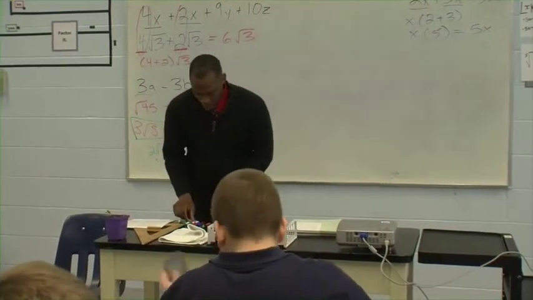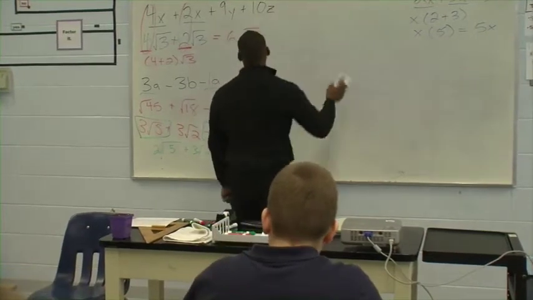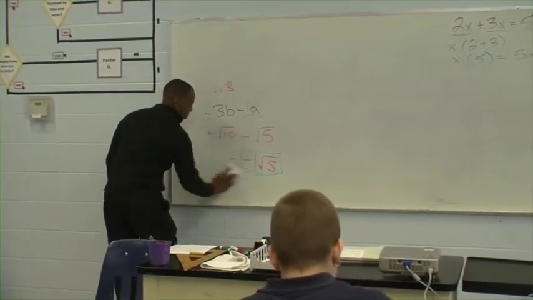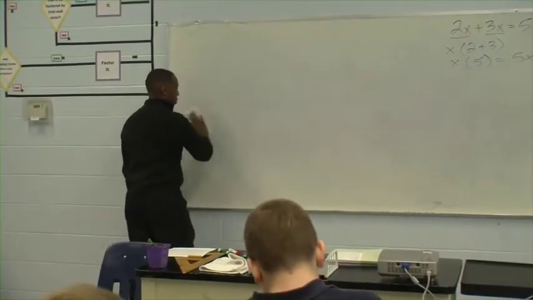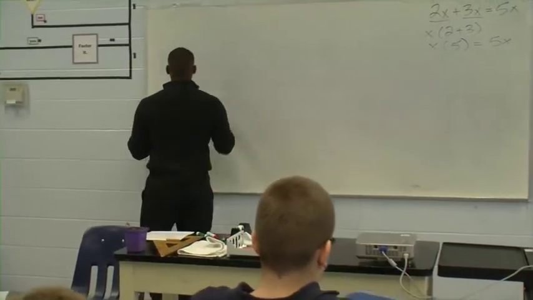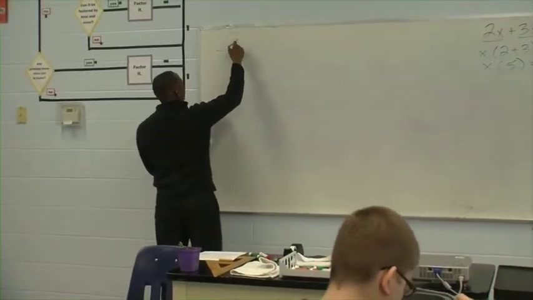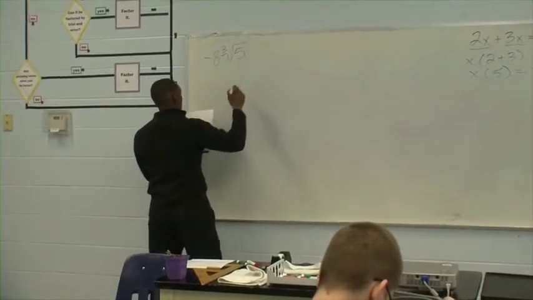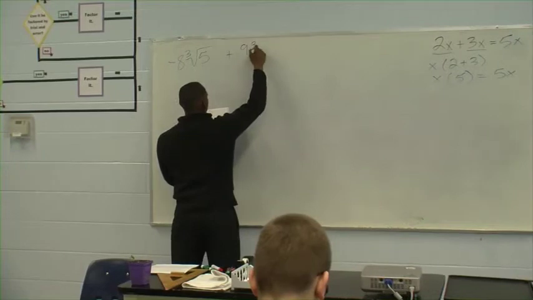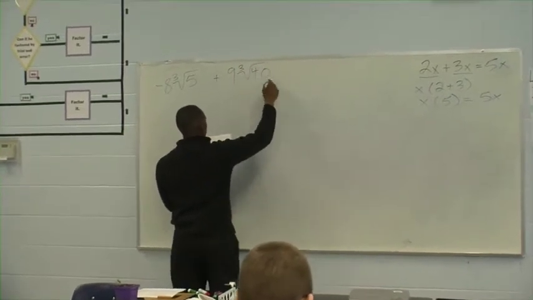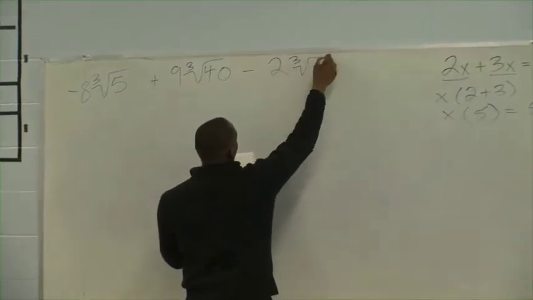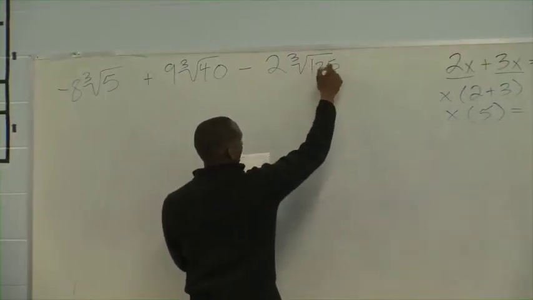I want to give you another example and have someone come to the board and see what you can do with it. Negative 8 times the cube root of 5 plus 9 times the cube root of 40 minus 2 times the cube root of 135.